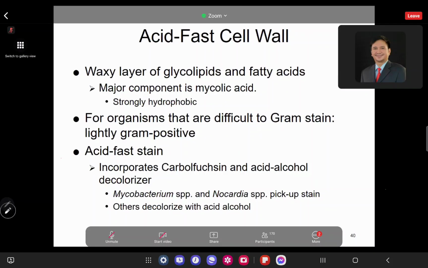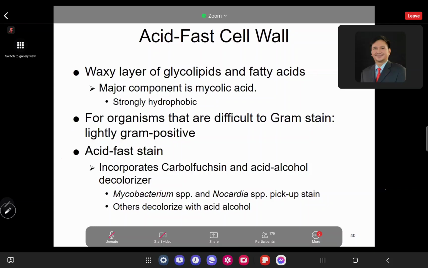Let's switch gears to the acid-fast cell wall, which has unique characteristics that distinguish it from gram-positive and gram-negative bacteria. Now, the presence of mycolic acid, that's the glycolipid and fatty acid found in the acid-fast cell wall.